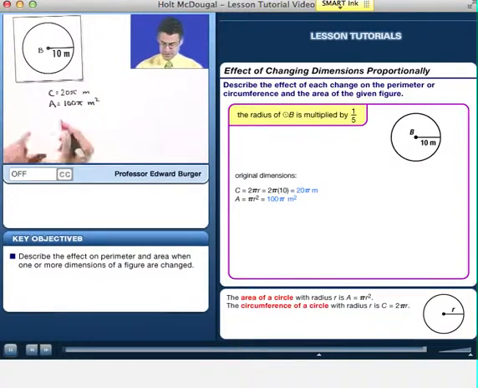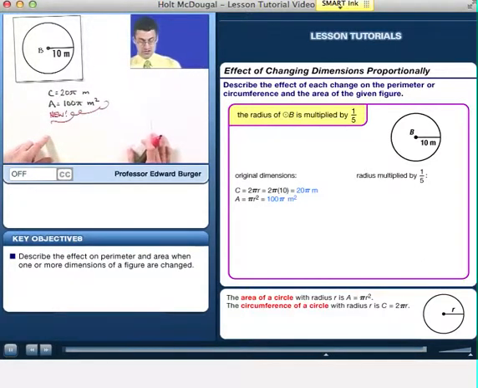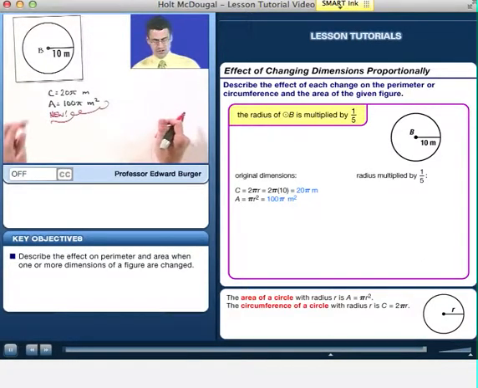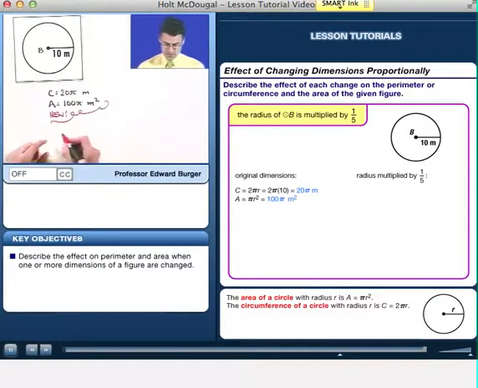Now, let's look for the new stuff. All right, so now we're going to shrink the radius by multiplying it by a fifth. So now, when it used to be 10, now it's going to be merely 2. So the circumference is going to be 2 pi r, that's just 4 pi m.